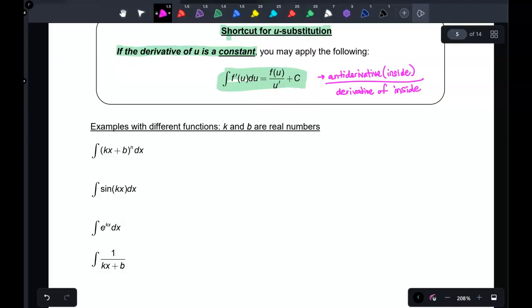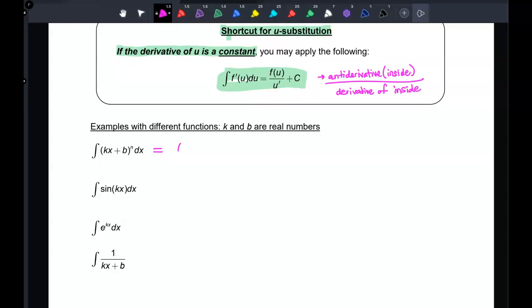Okay, so let's look at these general forms. This one's going to be a power rule. This is kx plus b. k and b are just real numbers, they're just constants, okay? So I want to do the power rule for integration. So I'm going to do the antiderivative. That's going to be (kx plus b) to the n plus 1 over n plus 1.